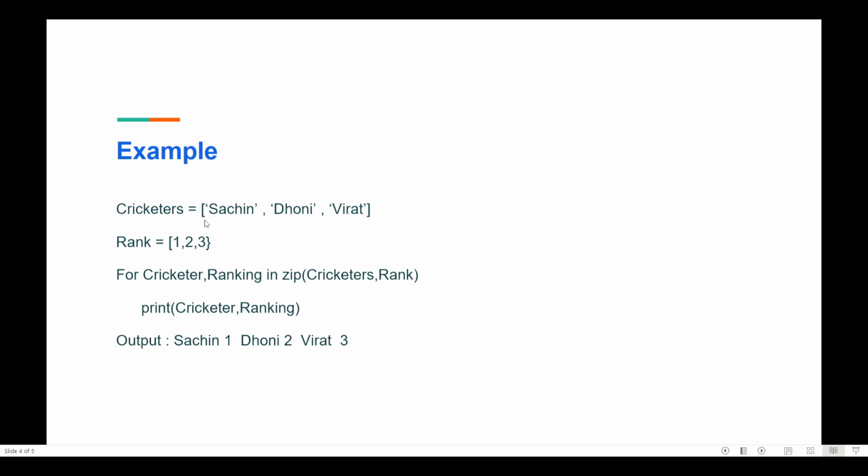We want to access both the elements, so I will use zip, and there is a rounded bracket. Here we are writing variables. So cricketers is a variable and rank is a variable, and we'll print the elements. So print cricketer and ranking. It will give us this output: Sachin first rank, Dhoni second rank, Virat third rank.